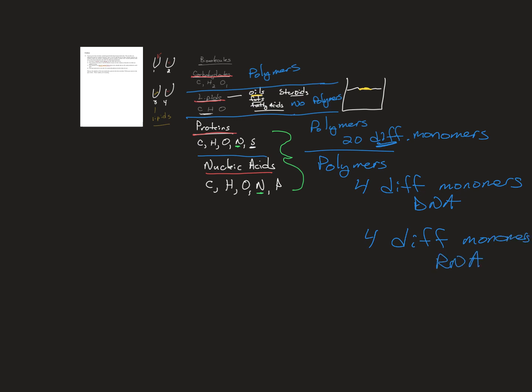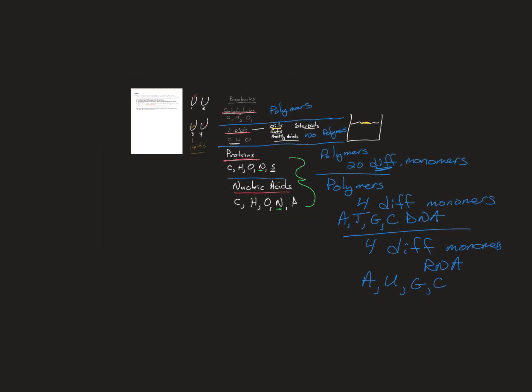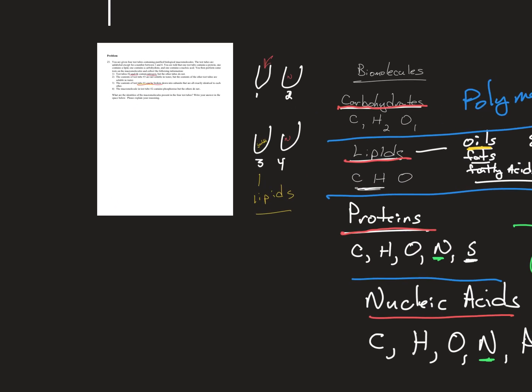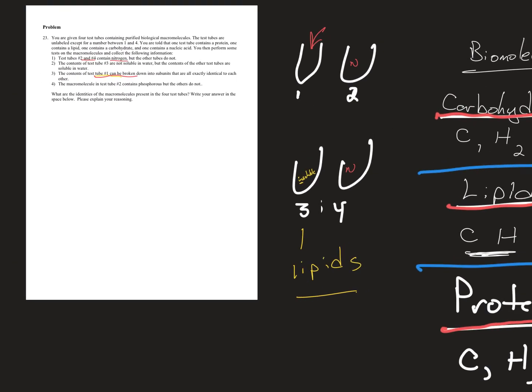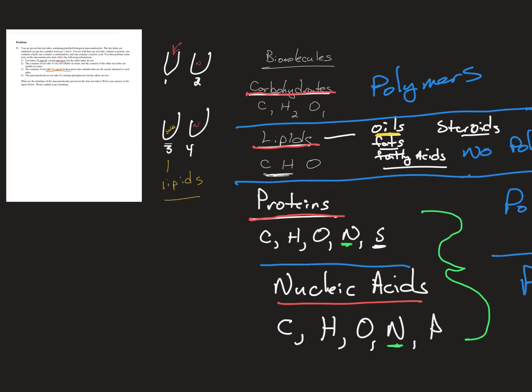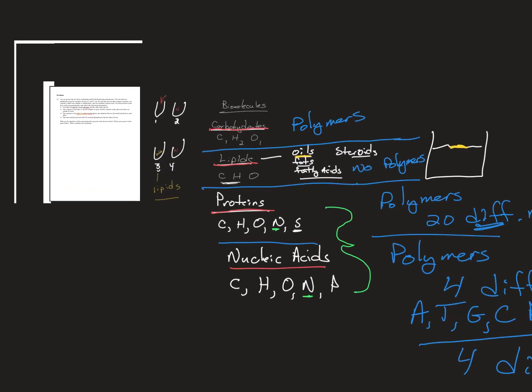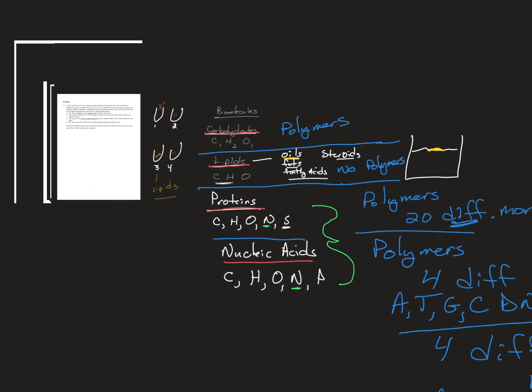In DNA you have A, T, G, and C, and in RNA you have A, U, G, and C. So to be clear, nucleic acids have different monomers, and proteins have different monomers. The monomers can be different and can have different functions.